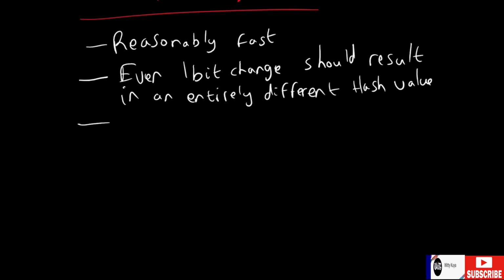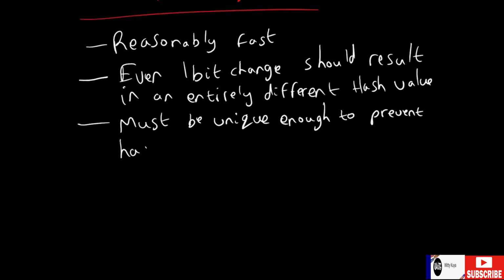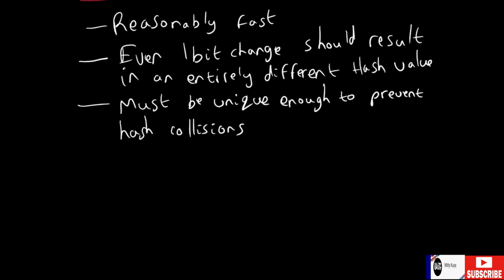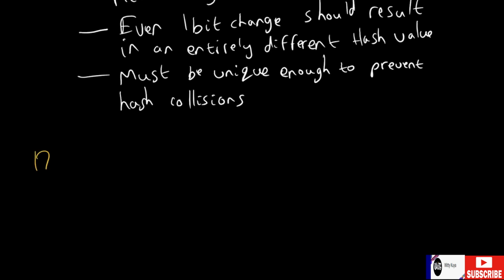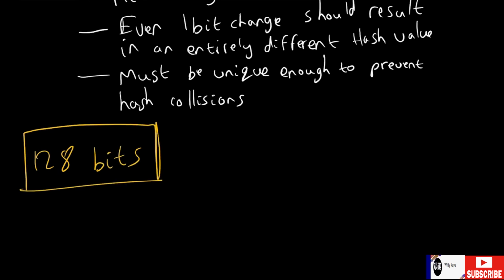And finally, it must be unique enough to prevent hash collisions, because ultimately if you have, let's say, a hashing algorithm which has a length of 128 bits, there are only so many different unique values that this hashing algorithm can pump out.